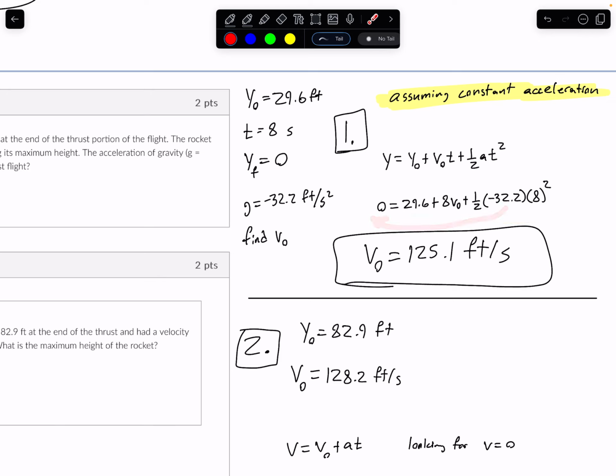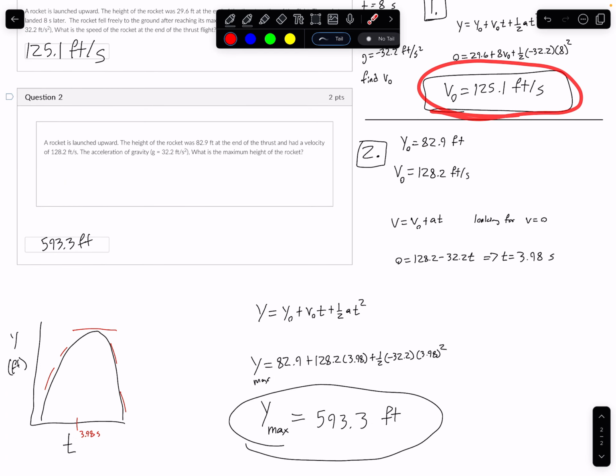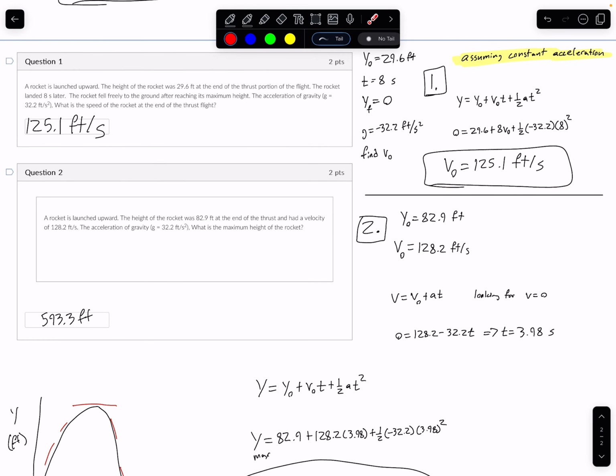Make sure we do it correctly. 2 times 32.2 minus 29.6 divided by 8. You get 125.1 feet per second. So very simple, only need one kinematic equation.